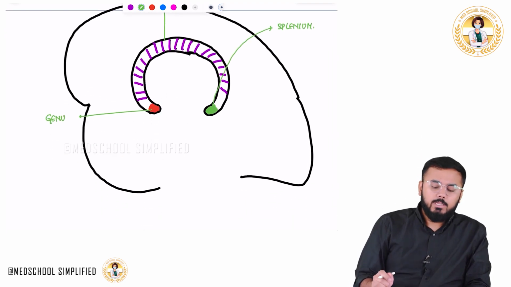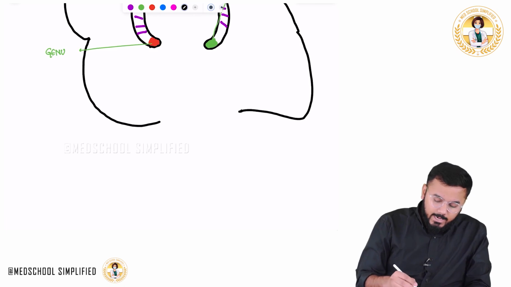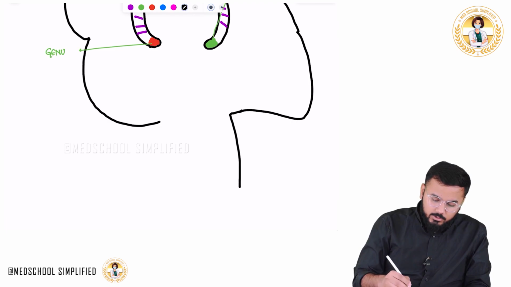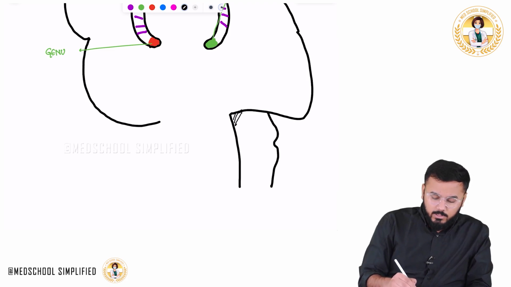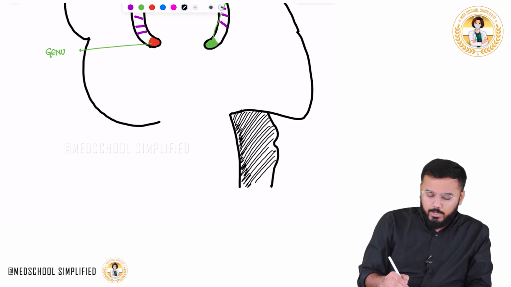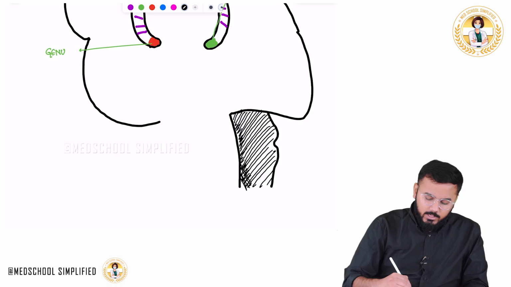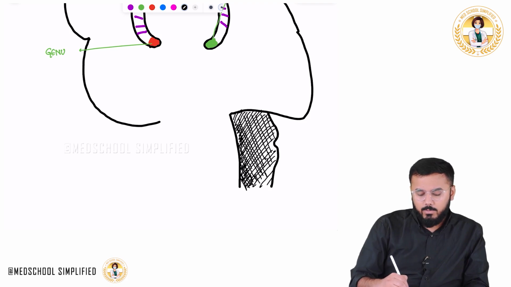Next, exactly at this part, you have the structure which I am drawing right now. This structure is your midbrain. Within this midbrain there are some very important structures which you need to know, and I will tell you in a minute what they are.